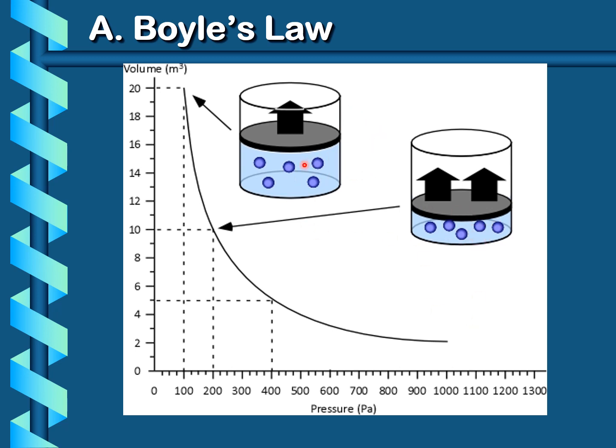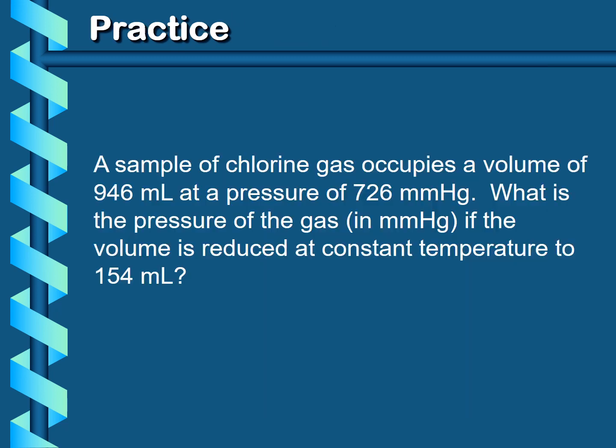Okay. I have here a problem. It says a sample of chlorine gas occupies a volume of 946 ml at a pressure of 726 millimeters mercury. What is the pressure of the gas in millimeters mercury if the volume is reduced at constant temperature to 154 ml?